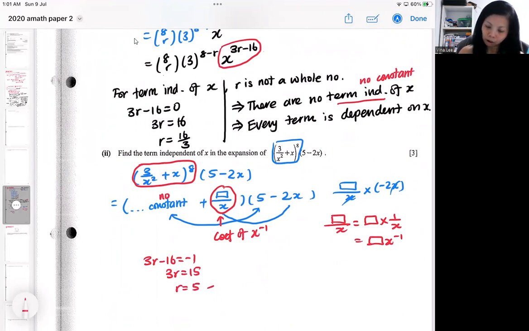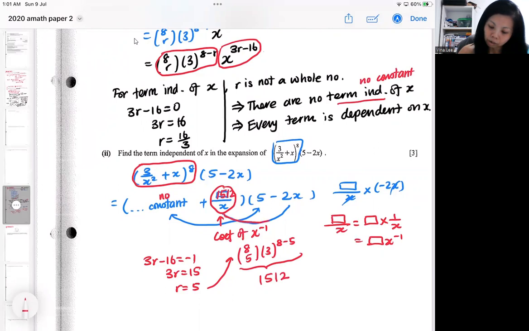So if I put in r equal to 5 here, it will be 8 choose 5, then 8 minus 5. So this is the coefficient. If you press it out, you'll get 1512. So you put the 1512 here, you multiply to this part, you will get the constant.